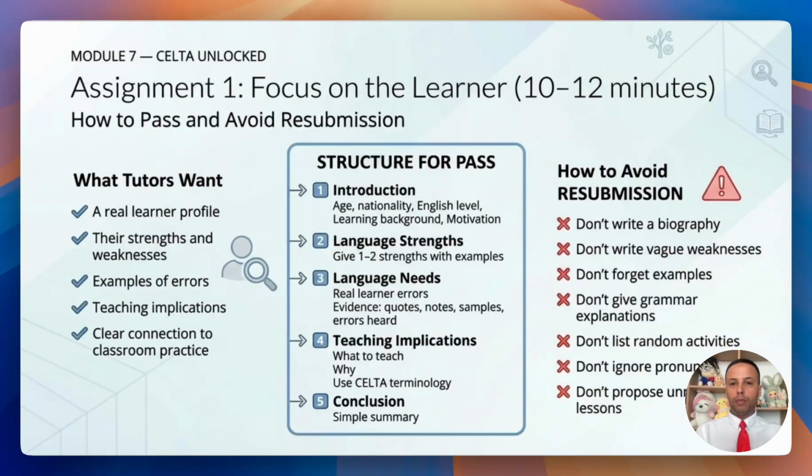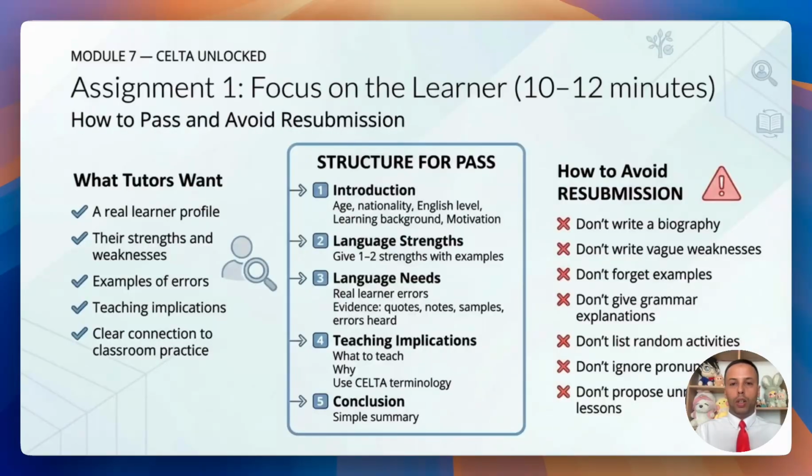Section 1. Introduction: age, nationality, English level, learning background, motivation for learning, intrinsic or extrinsic motivation, their exposure to the language. Keep it brief. 2 or 3 sentences is enough.